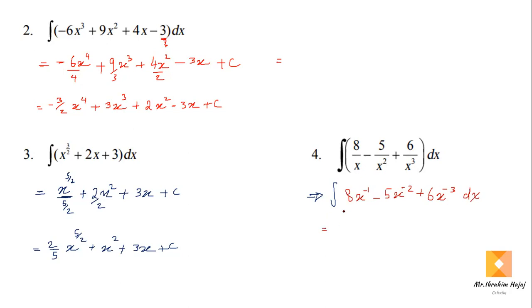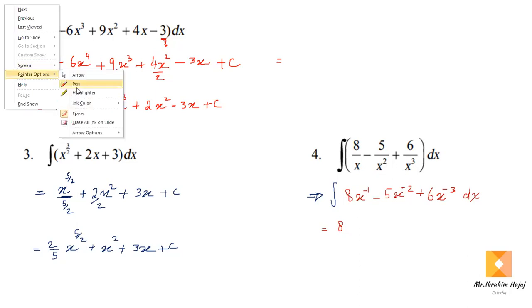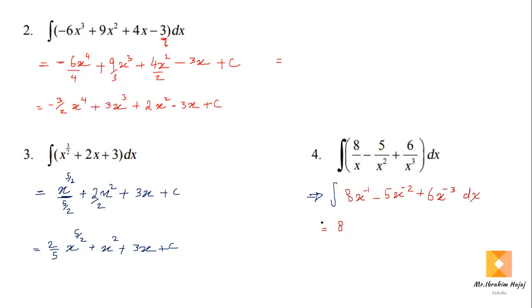Now it will be 8x over 1 and 8x, right? We said we're going to add 1 and divide by the new exponent for all x to the power of n except negative 1. Here is the rule.